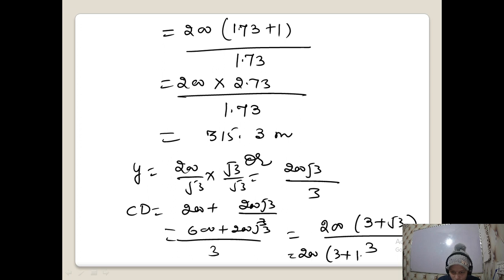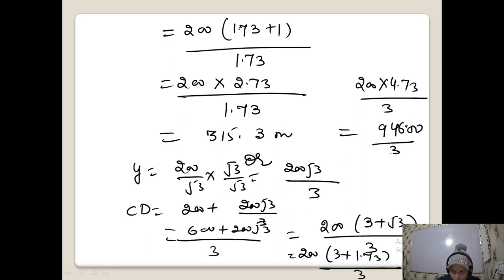Root 3 is 1.73 over 3. You can find 200 multiply 4.73 over 3, and we will find 315 point approximately. And this is the distance between two ships.